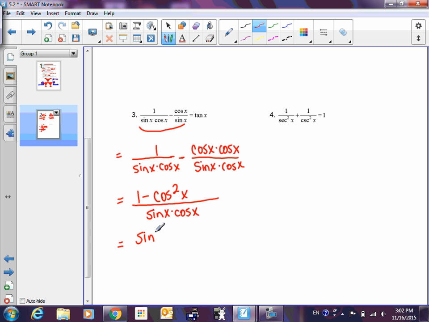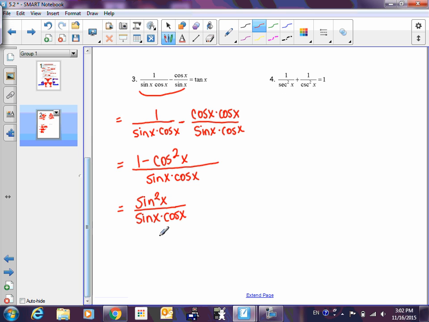Sine squared. And there comes a point in a problem when you're like, I know how this is going to work out. Does anybody see what we need to do next on this? Yep, I'm going to actually split this up into sine x times sine x.